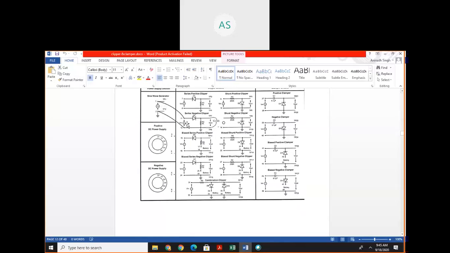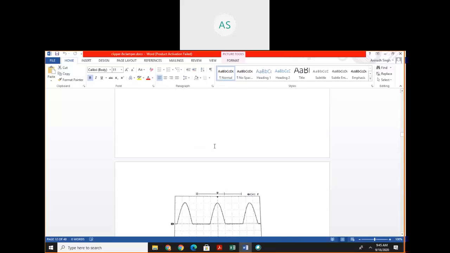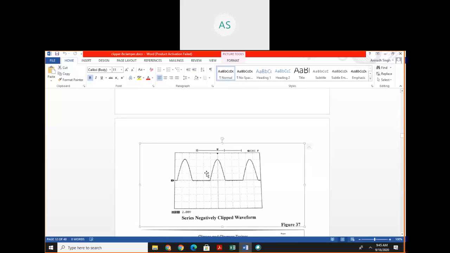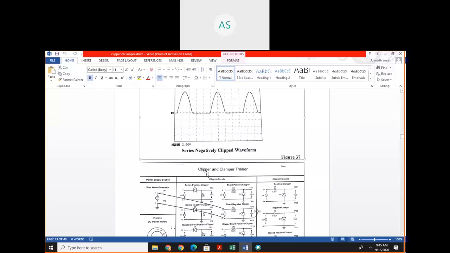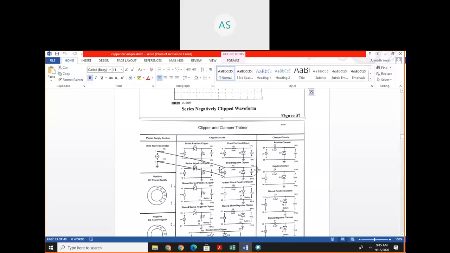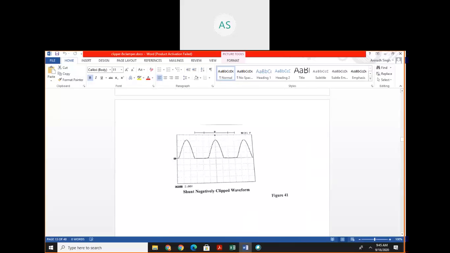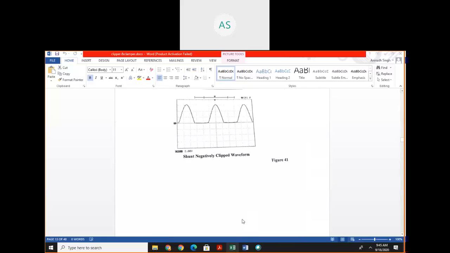Similarly, when we connect the sine wave generator to the input terminal and the CRO to the output terminal, we get a wave like this. Okay.